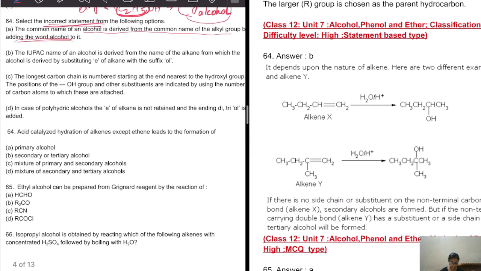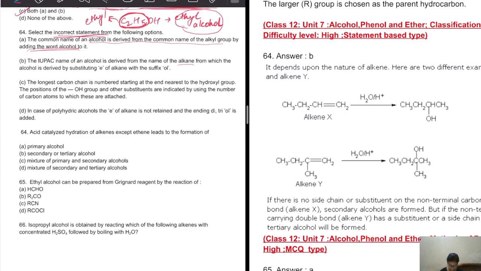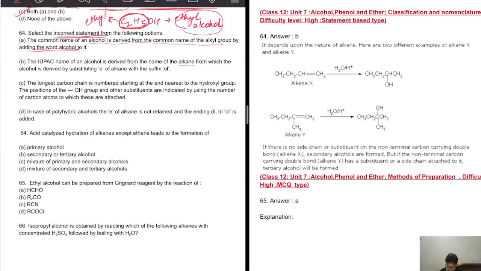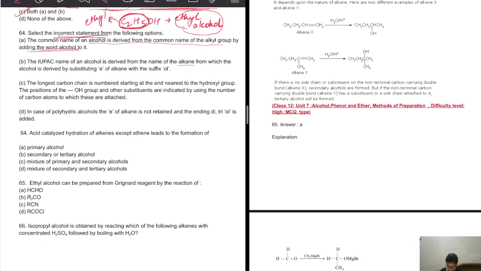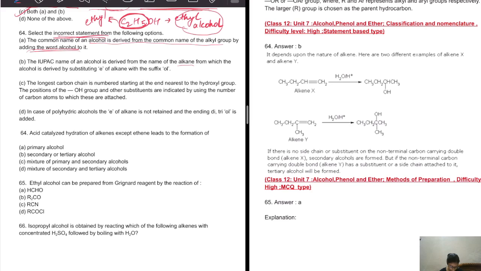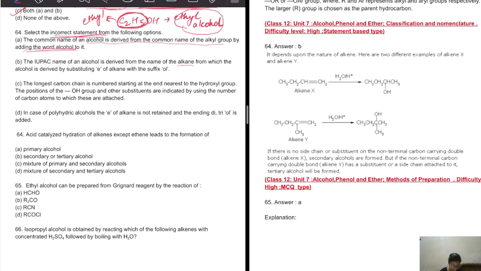For B, we have: the IUPAC name of an alcohol is derived from the name of the alkane from which the alcohol is derived by substituting the E of the alkane with OL.